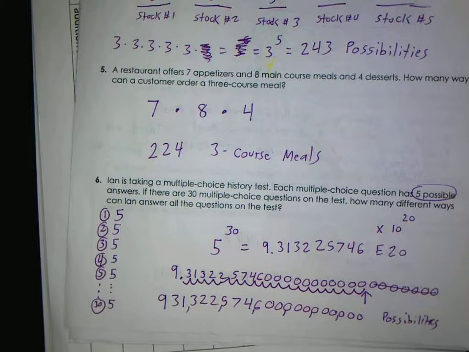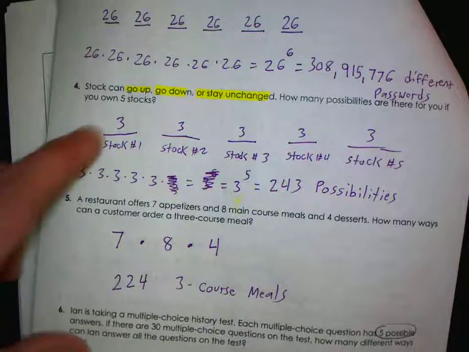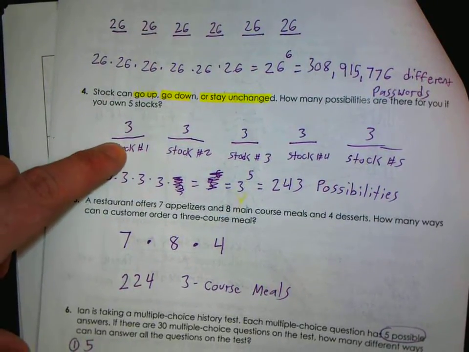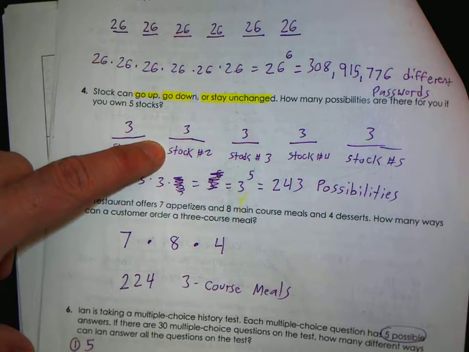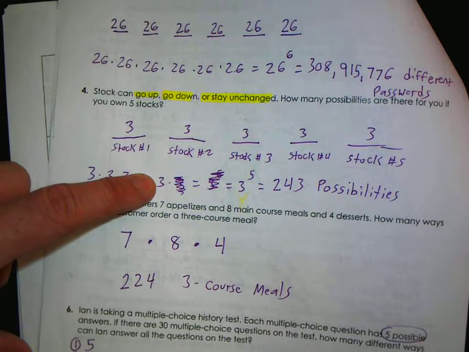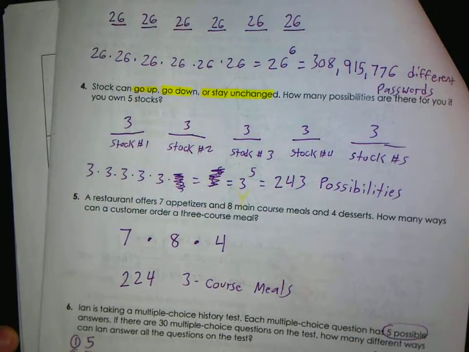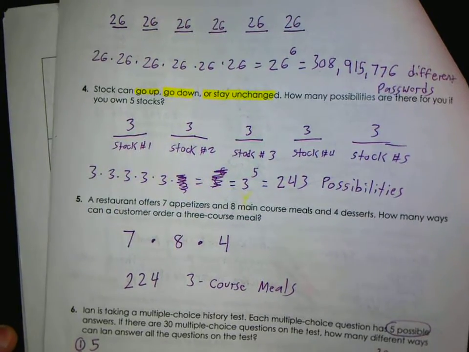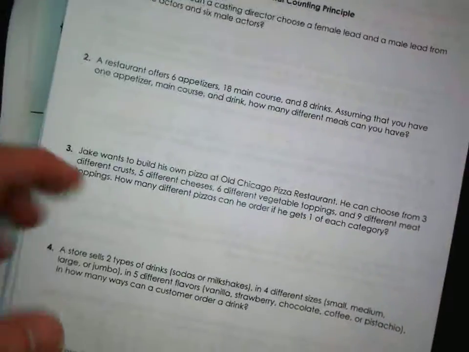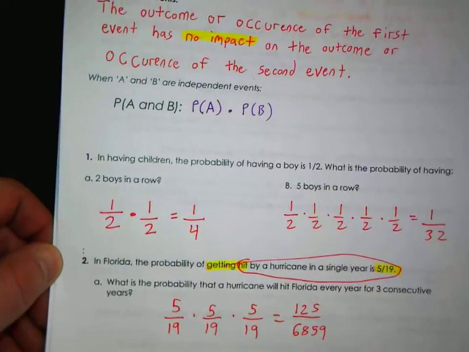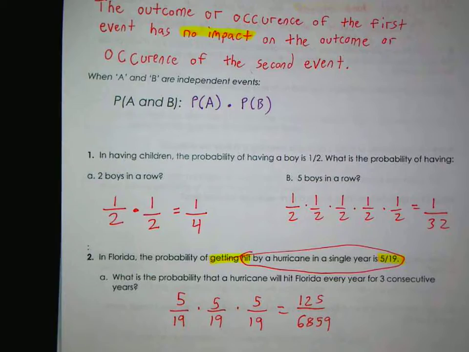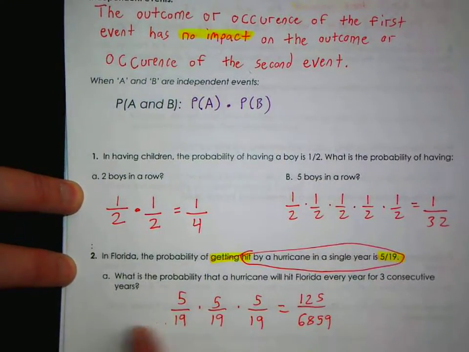Just because you choose A for number 1, that has no effect if you choose A on number 2. So we've kind of already done this before, right? Or like we did a stop question. It's either go up, down, or unchanged. So we took 3 times 3 times 3 times 3 times 3, because we're talking about 5 stops, right? That's essentially what we're doing today. So these are independent events. The denominators will not change.